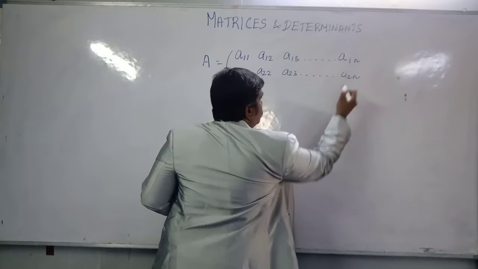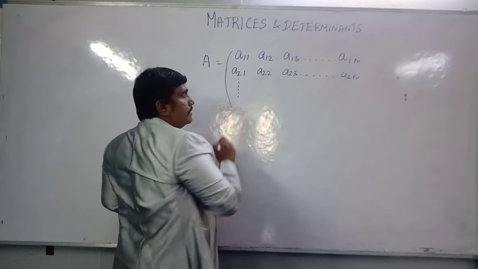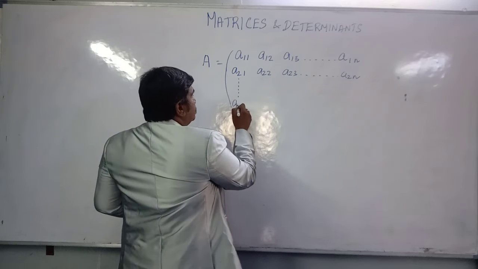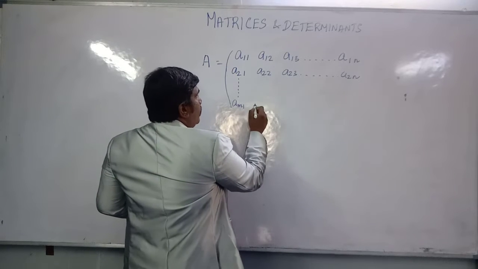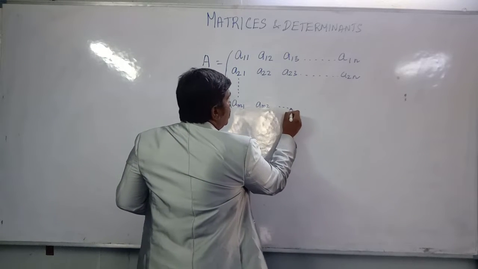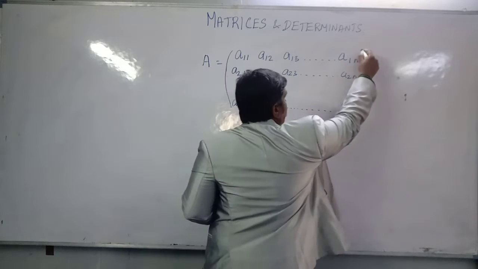I can extend up to A2n. Similarly, the third row and fourth row can be written the same way, and I am just writing the mth row. So Am1, Am2, like that. I have written up to this Amn.